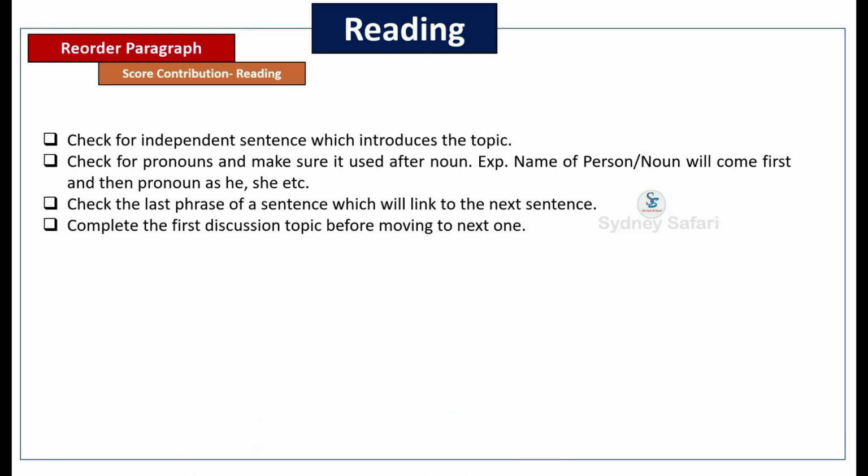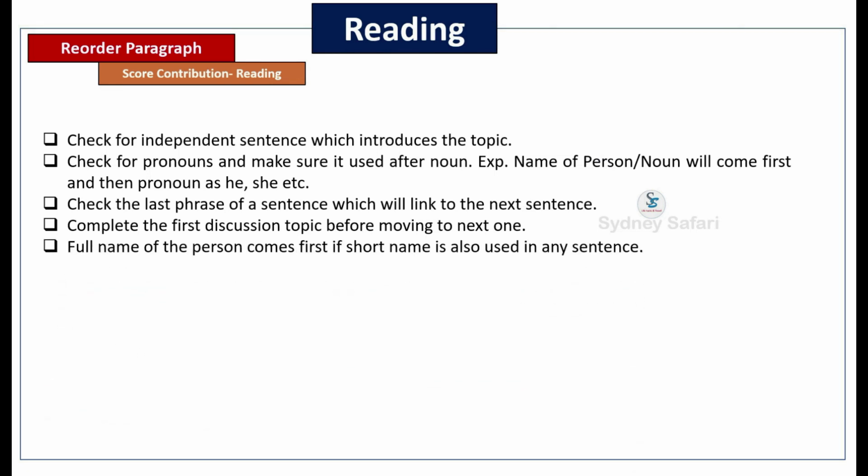Complete the first discussion topic before moving to the next one. If there are multiple topics discussed, make sure whatever topic was discussed in the last sentence continues in the next, and then we pick a new one. The full name of the person comes first if a short name is used in any sentence. For example, Amit Kumar and Mr. Kumar.